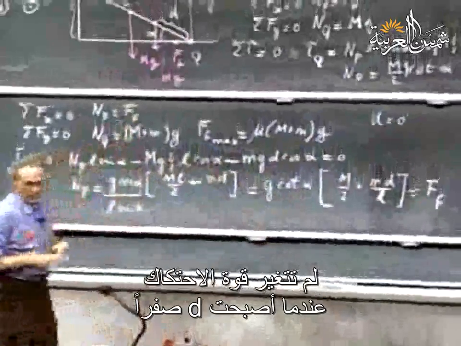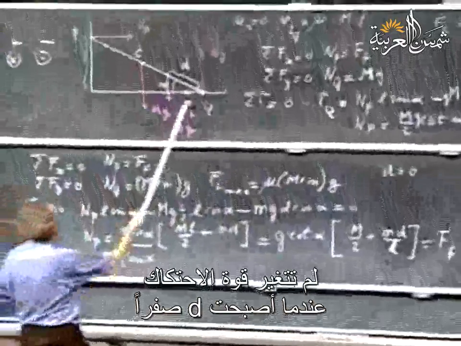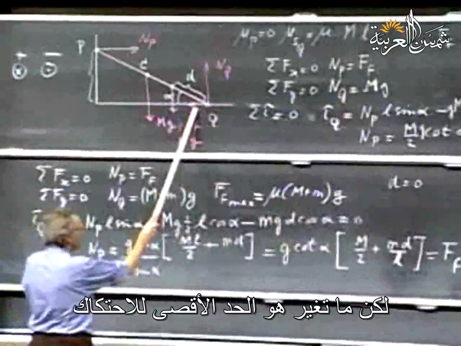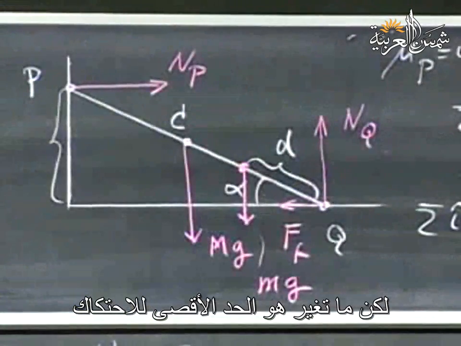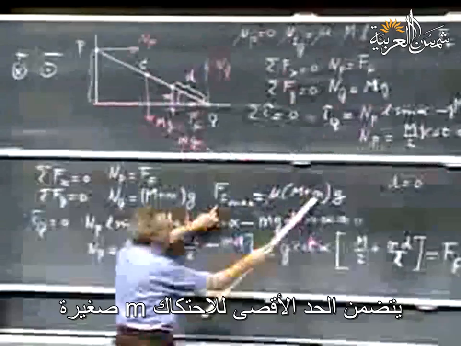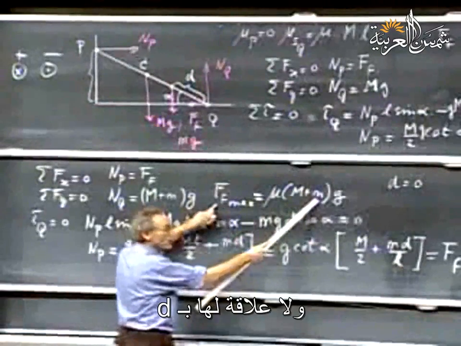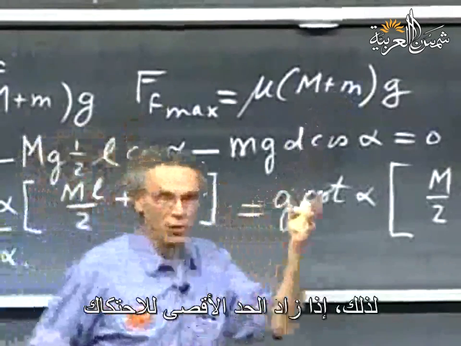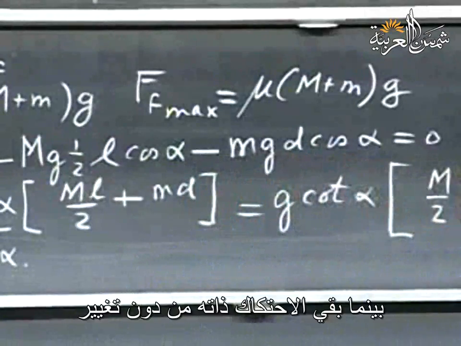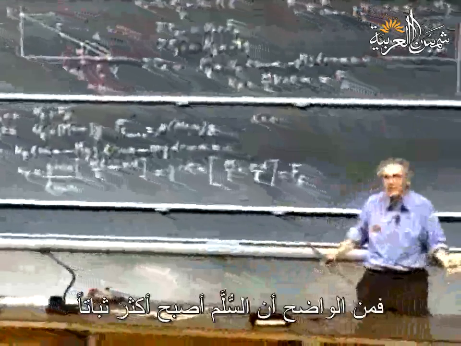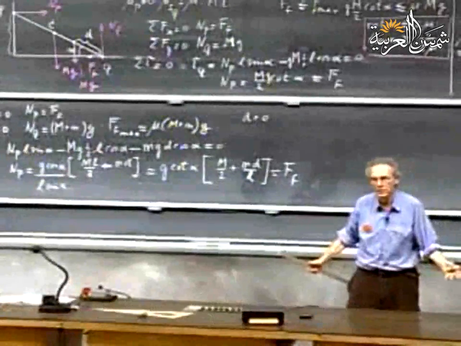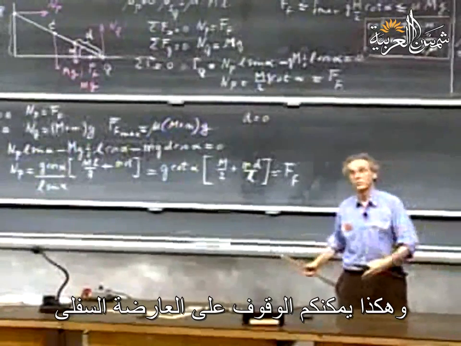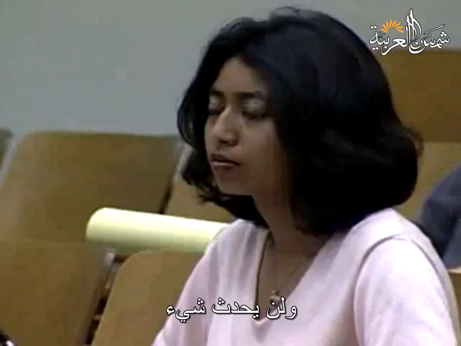That frictional force has not changed when d equals 0. But what has changed is the maximum friction. The maximum friction has this capital M in it, and that's independent of d. There is no d anywhere here. So if the maximum friction goes up, and the friction itself remains the same, clearly the ladder has become more stable. And so you can step on the lowest rung and nothing will happen.